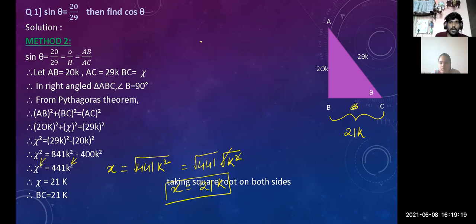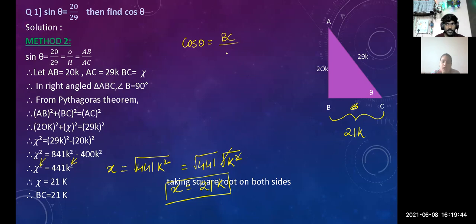Now, can you tell me what is cos theta in this diagram? Cos theta would be adjacent upon hypotenuse. Yes. So which is the adjacent side? BC. Yes.